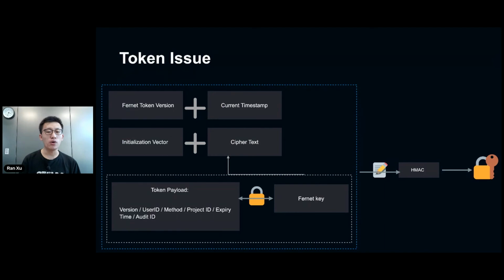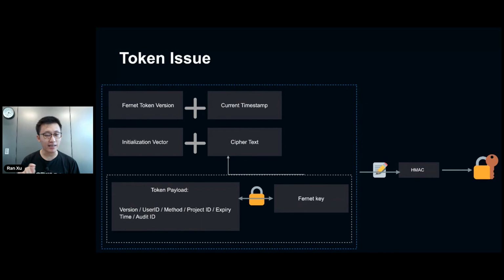You don't need to know too much about the Fernet key here. Just understand it as a general private key that is usually used in encryption and decryption. Keystone will encrypt this token payload with the Fernet key, combine it with another part as I showed in this graph, and sign it with the HMAC key.